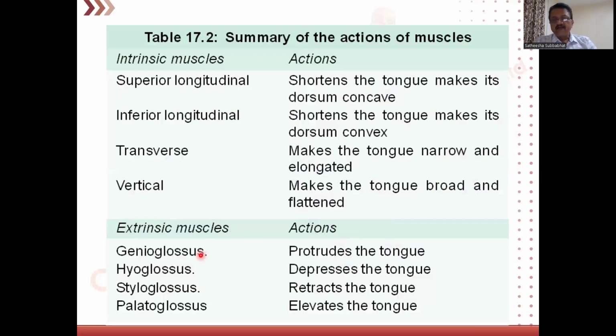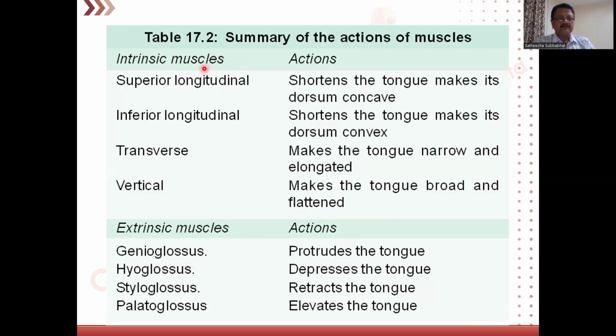Now, as I said, the tongue is a muscular organ. So it is entirely made up of skeletal muscles, and it's surrounded by mucous membrane. There are two types of muscles. One is intrinsic muscles, another is extrinsic muscles.